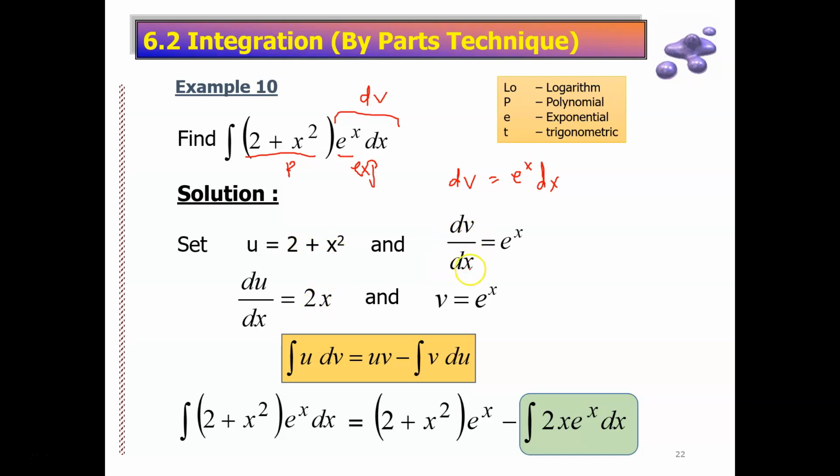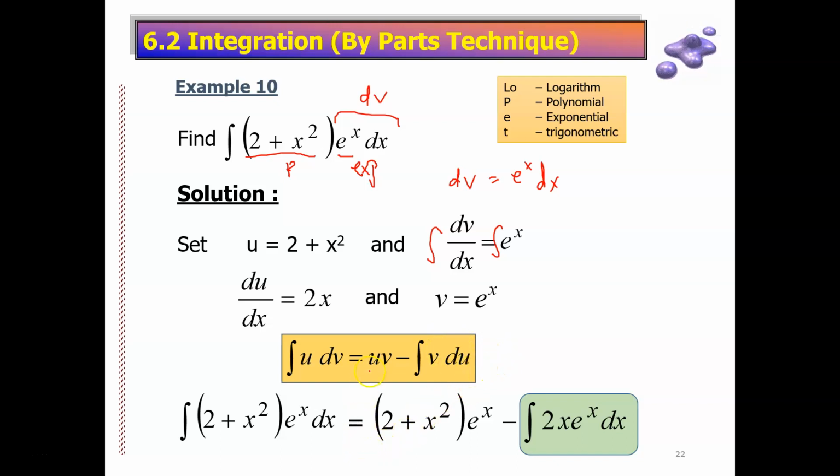And for this dv dx, we want to find only v. So you're going to integrate both sides. Integrate, and then you get this. So we get a complete set, u, du, and you have dv and v. Okay, you can substitute it into this by part formula.